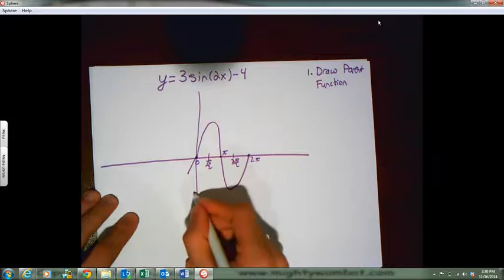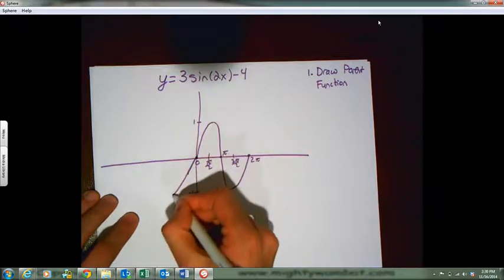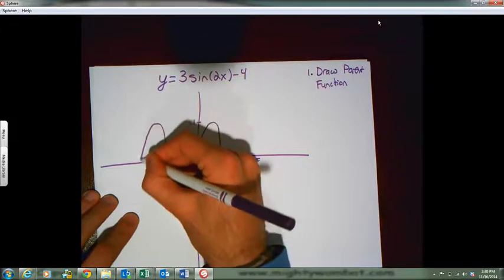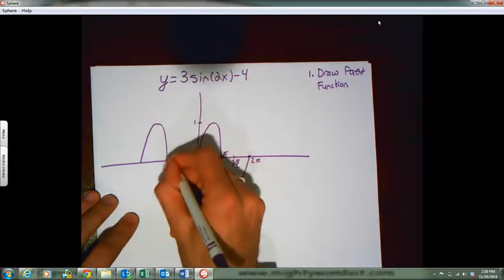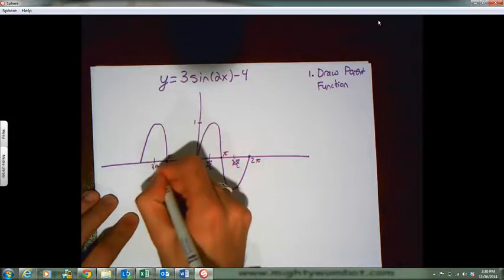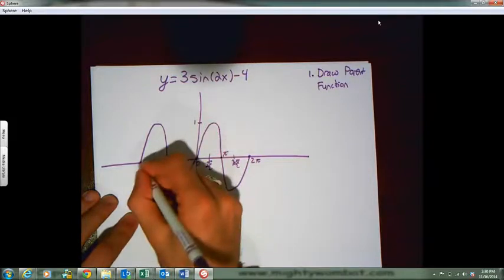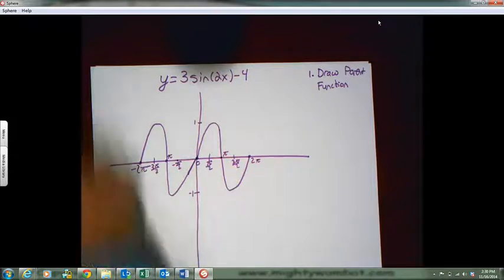This is negative 1, this is 1, come down to negative 1, up, down. This is pi over 2, this is pi, negative 3 pi over 2, negative pi over 2, and negative 2 pi. Okay, that was the parent function.